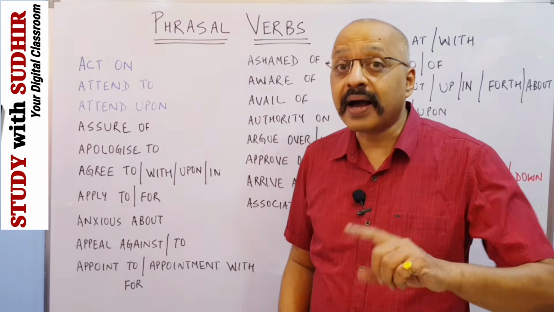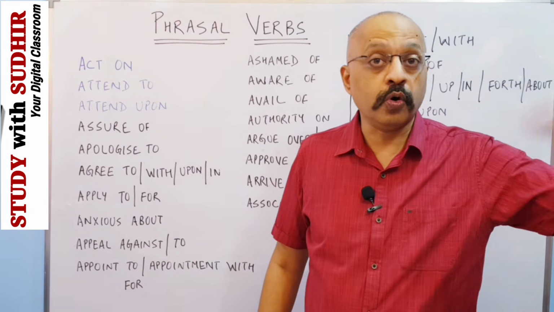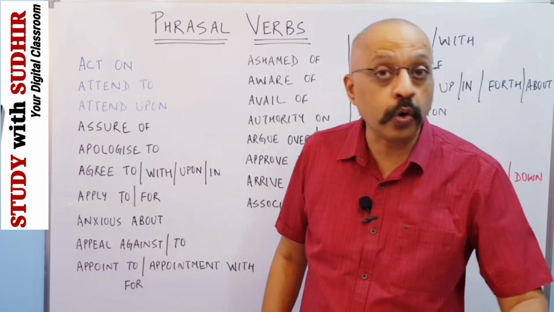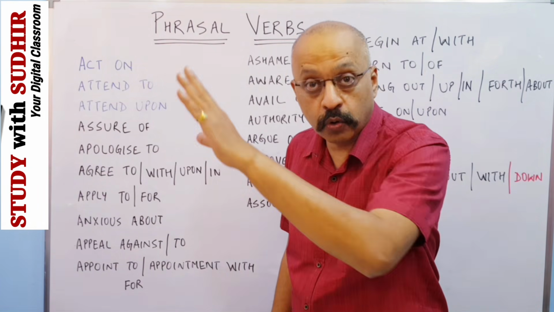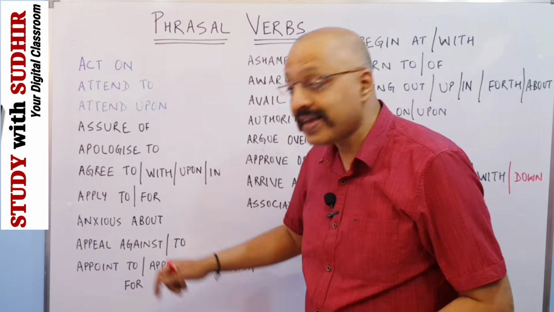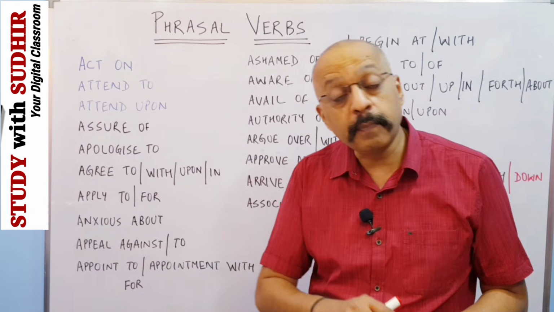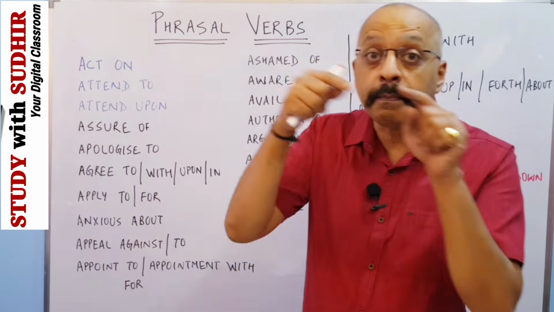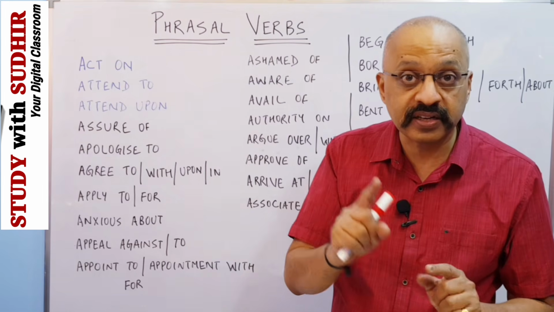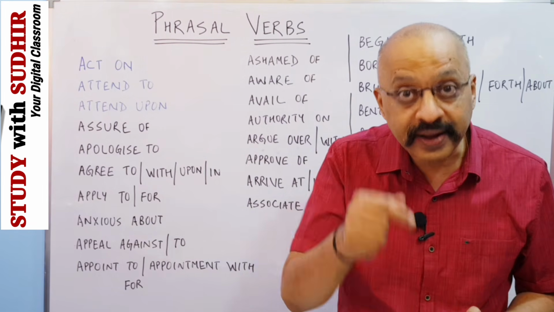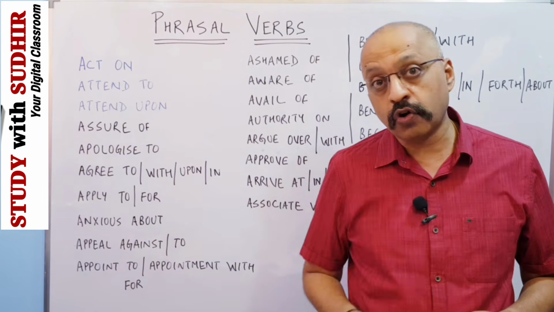They appealed against the judgment in the Supreme Court. You get an adverse judgment in the High Court, you go and appeal to the Supreme Court, right? So you appeal against the judgment. You appeal to the Supreme Court, but you appeal against the judgment. You understand the difference? You are going against, because you are not happy with the judgment that you have got in the High Court.